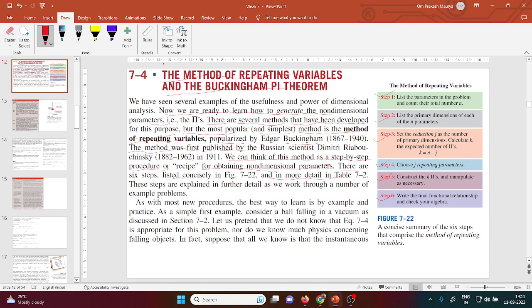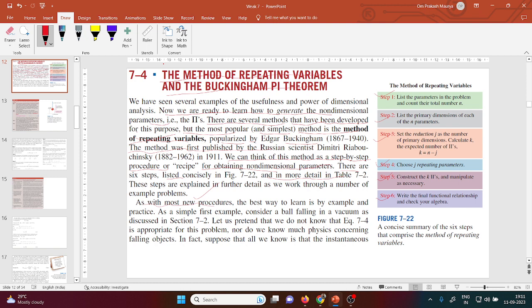More detail is in Table 7.2, and you can take a screenshot also; I will show the table. These steps are explained in further detail as we work through a number of problems.